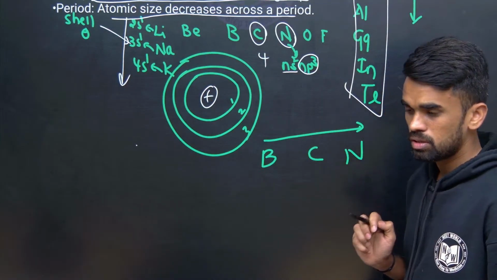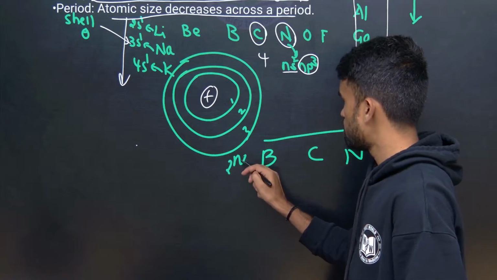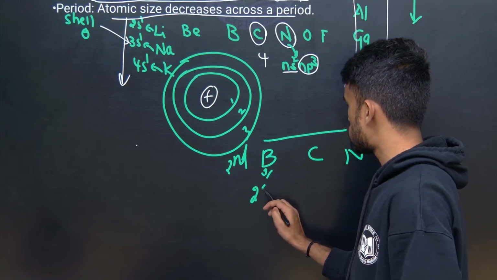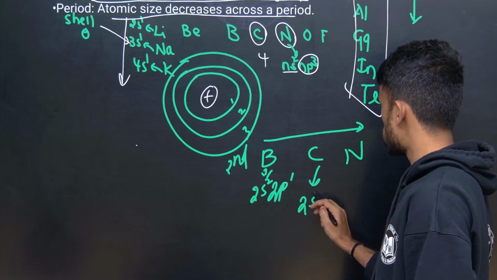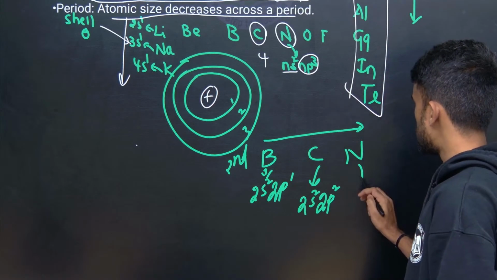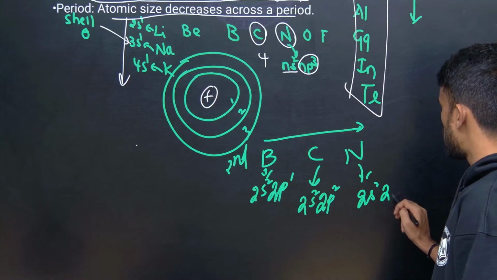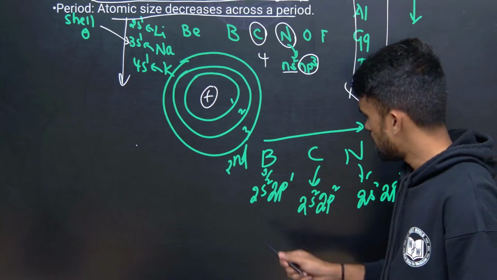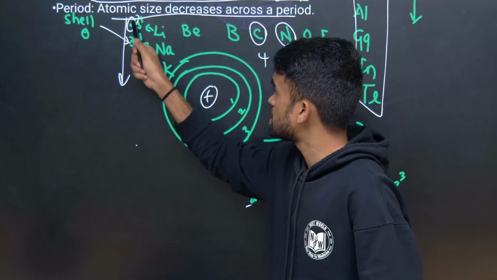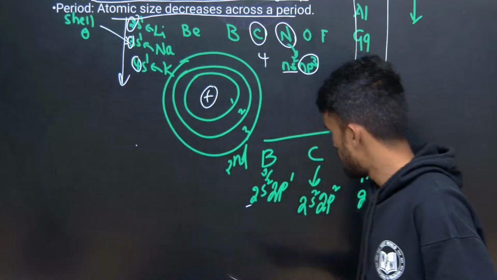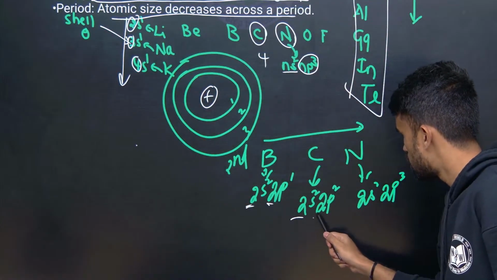Which period are these elements? Second period. For this I am writing 2s2 2p1, for this 2s2 2p2, and for this 2s2 2p3. If you observe here, for group elements the number is increasing, 2, 3, 4, but here the number is the same.